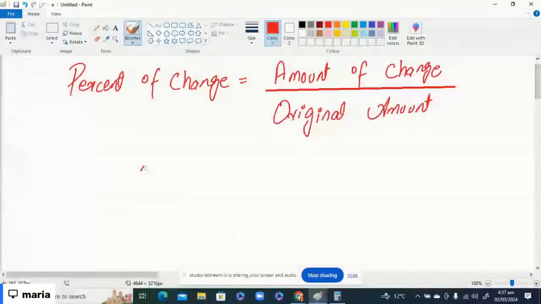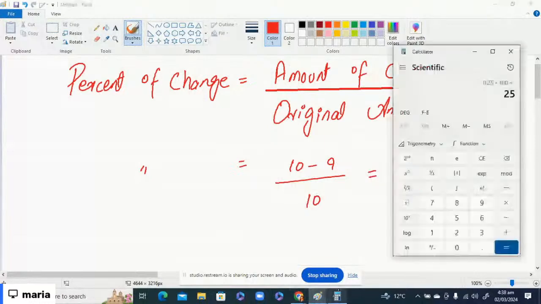And so the percent of change equals 10 minus 11, for example, 10 minus 9, and here is 10. So what is the answer? 1 over 10. And when you divide 1 by 10, what is it?